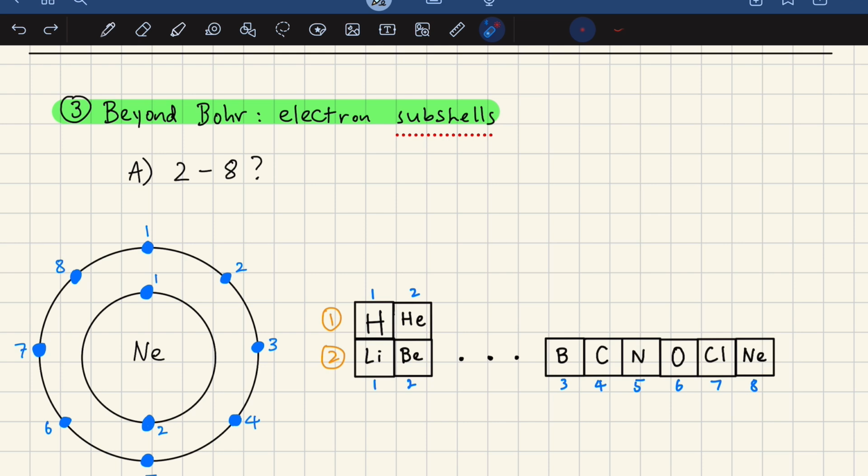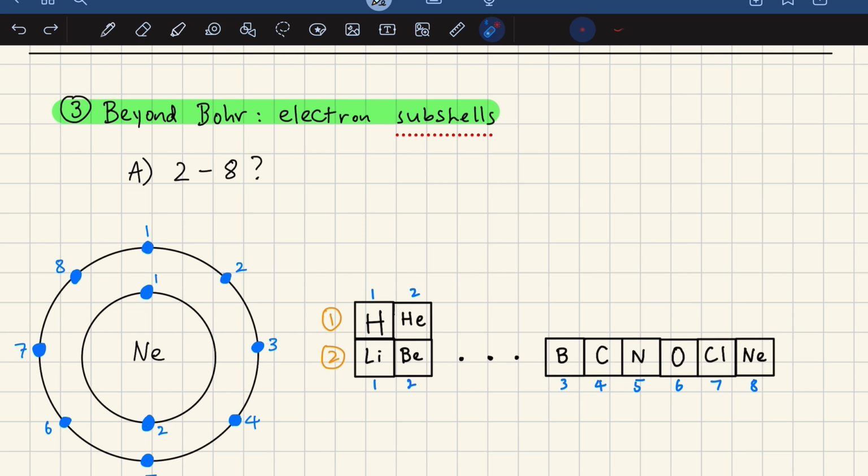The first thing to notice here is that each row or period of the little makeshift table that I've drawn out here, it's a bit abridged, corresponds to one shell. So this first inner shell corresponds to this first row, and the second shell on the outside corresponds to the second row or period.